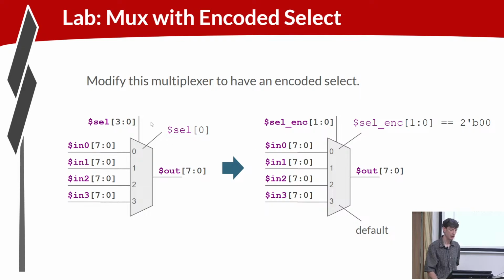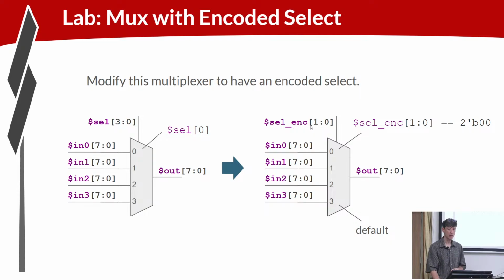Okay, so we're transitioning from having 4 independent selects, where each bit corresponds to a given input, to an encoded select, where we're specifying an encoded value of the input to select.